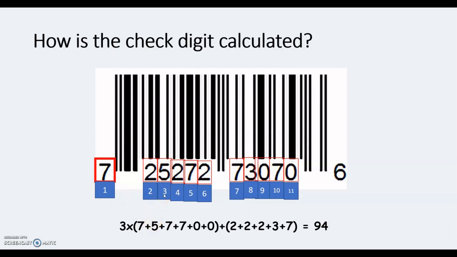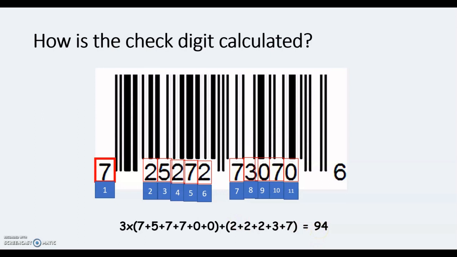You probably think, why number 5? Well, what the computer does first of all is get all the numbers in the odd positions, so 1, 3, 5, 7, 9 and 11, and adds all those together, then it adds the numbers that are in the even positions.